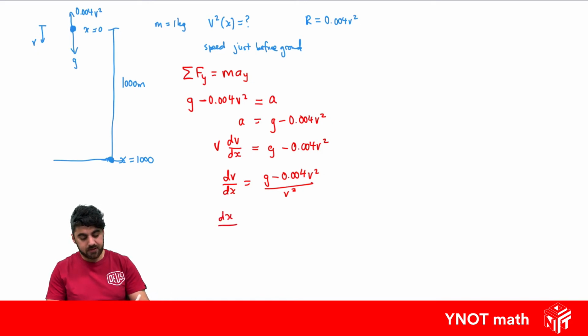So we're going to get dx over dv equals, so this should be just a v, not a v squared.